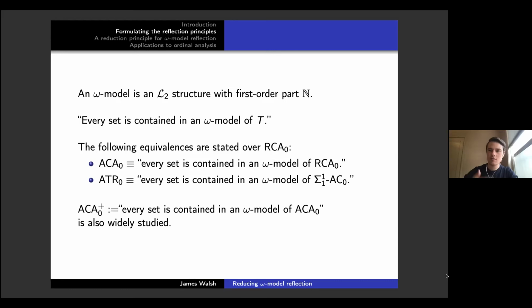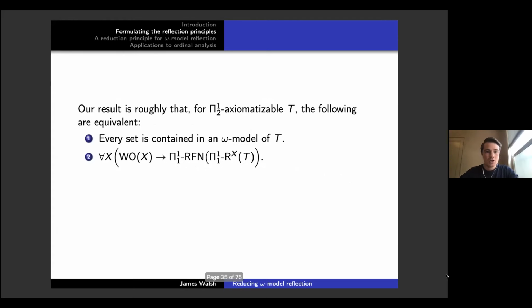Okay, so this principle that every set is contained in an omega model of T shows up across reverse mathematics. Lots of theories can be axiomatized in this form. So our result is roughly the following. It says that for Π^1_2 axiomatizable theories T, the following are equivalent.